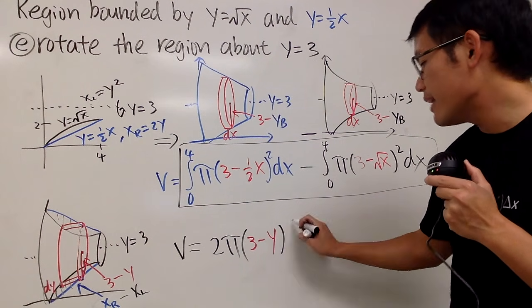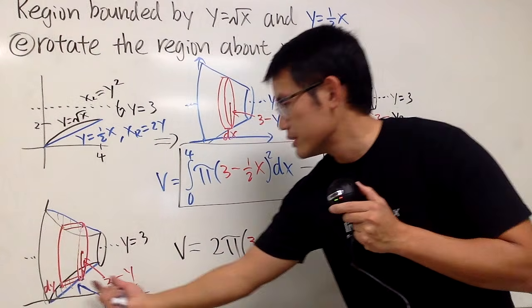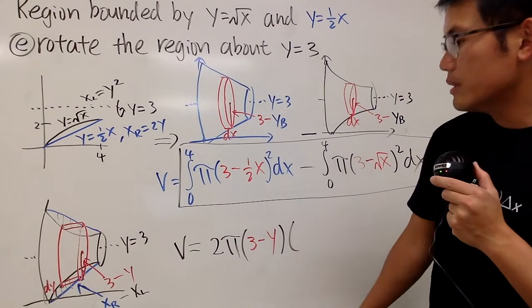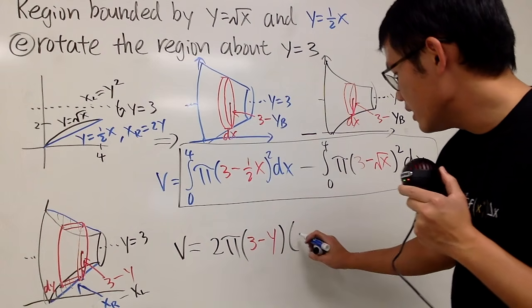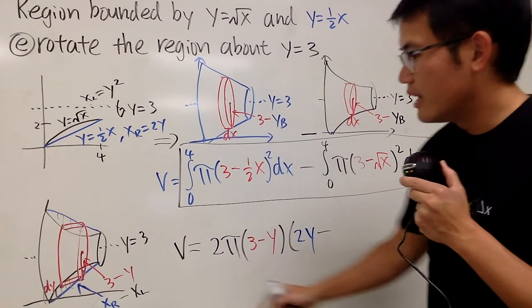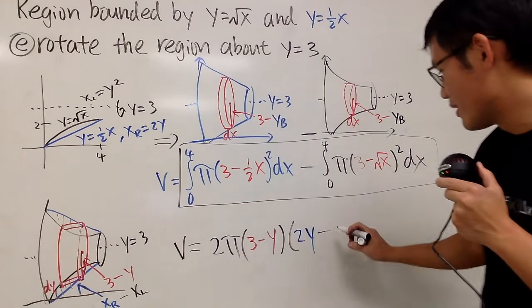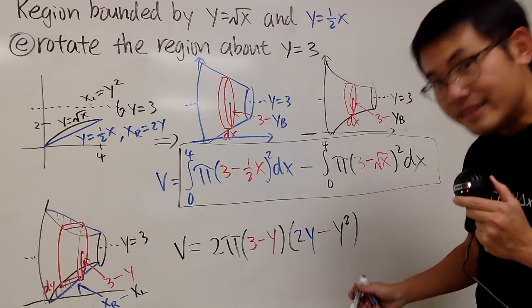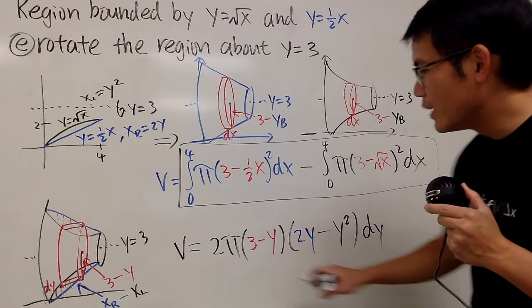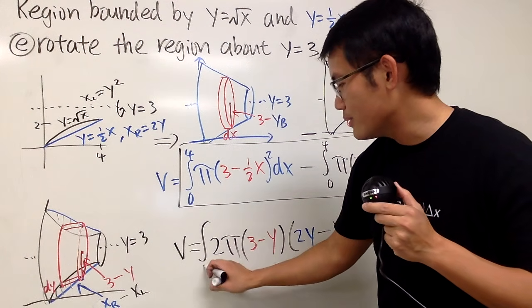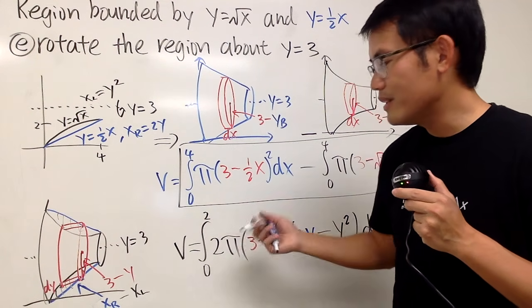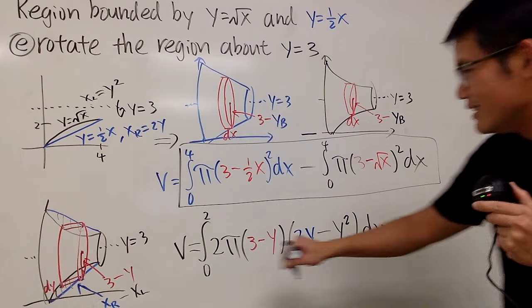Good. And then we multiply by the height, which is this portion. Well, xr is 2y, and then minus the xl, which is y squared. And then we dy this guy, and then we integrate this guy from 0 to 2, because we are in the y world. And congrats, this right here is it.